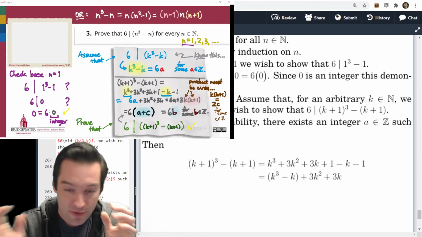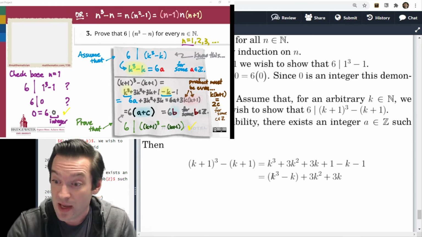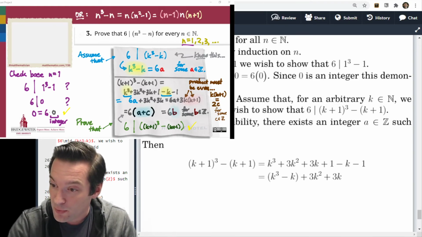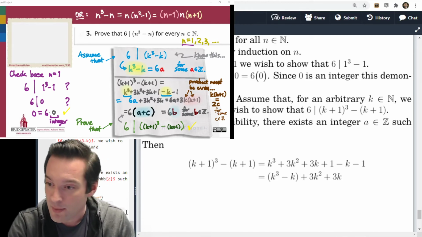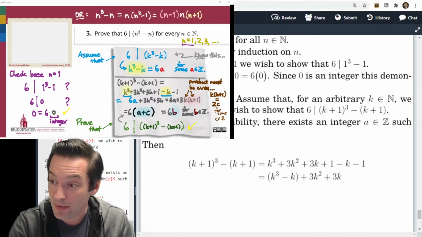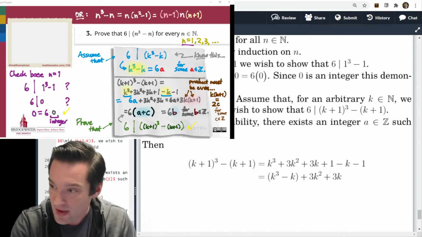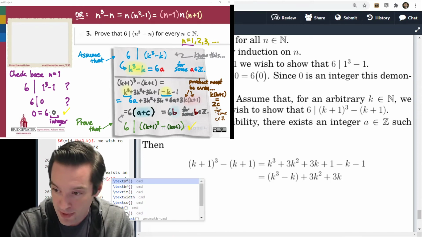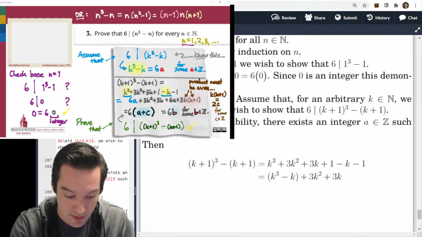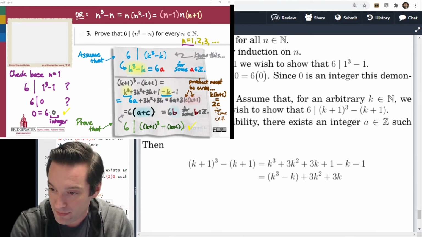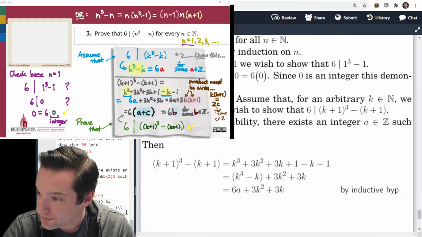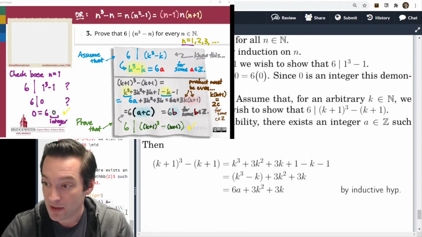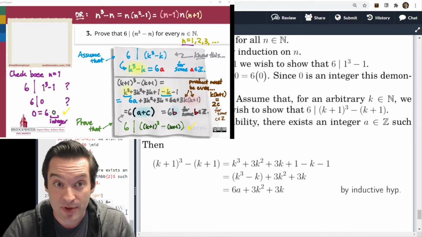It puts the focus on that quantity in parentheses, k cubed minus k. Because now the reader should be able to tell, oh, I know why that quantity is important, because we made an inductive hypothesis about that quantity, that this is equal to 6a plus 3k squared plus 3k, and this is a good place to remind the reader, by our inductive hypothesis. So by the inductive hypothesis, k cubed minus k was equal to 6a.